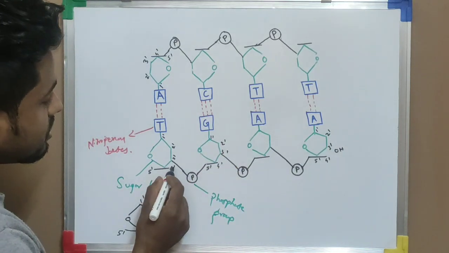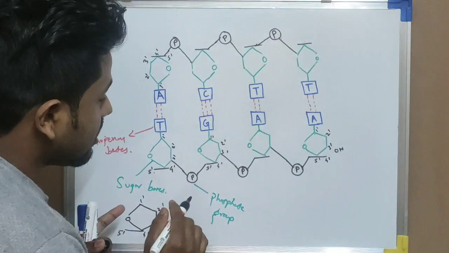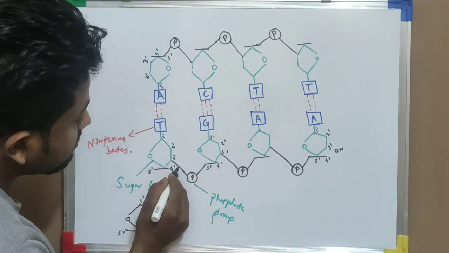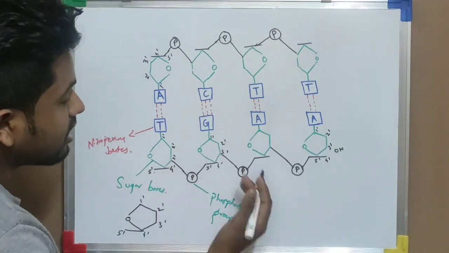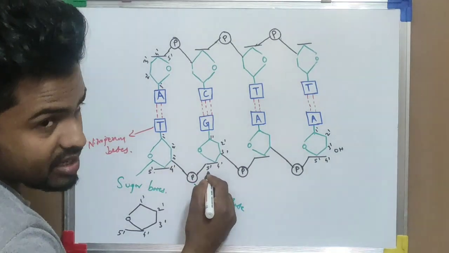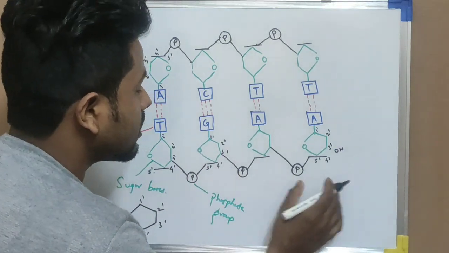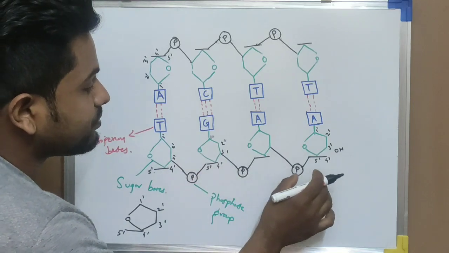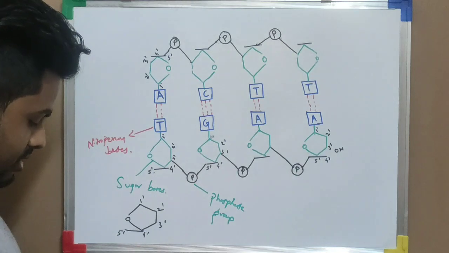The 5 prime and the 3 prime are always attached with a phosphate group. The previous one is attached with this phosphate group, and in the later one the 5 prime end is attached with the phosphate group, and this way it gets synthesized, adding different nucleotides.